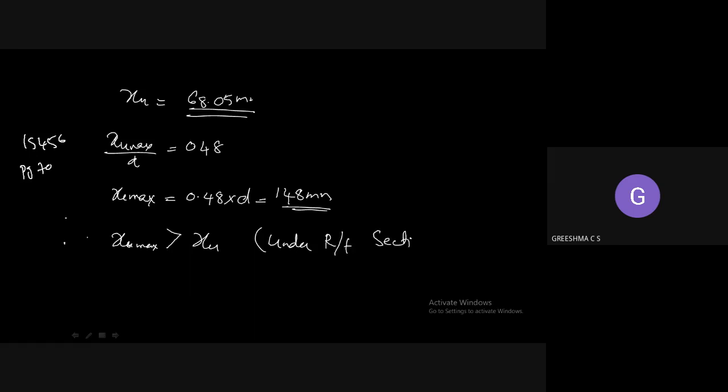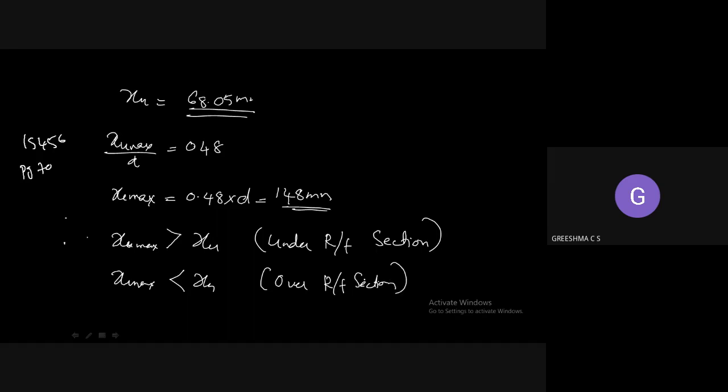Over reinforced, under reinforced and balanced, the three sections I have explained at the start of this module. If XU max is greater, this is an under reinforced section. And vice versa, if XU max is less than XU, this is an over reinforced section.